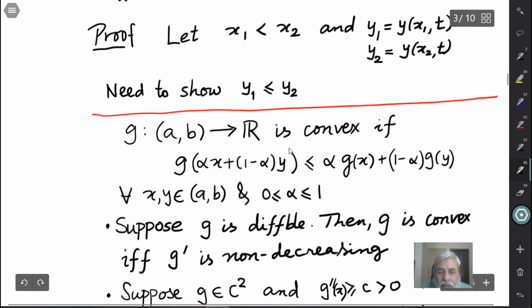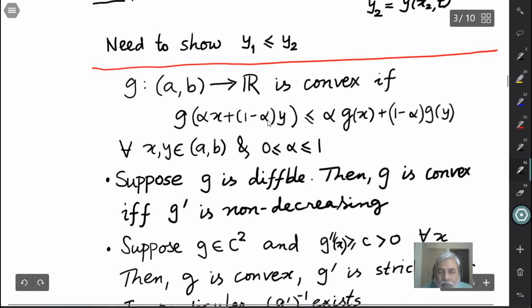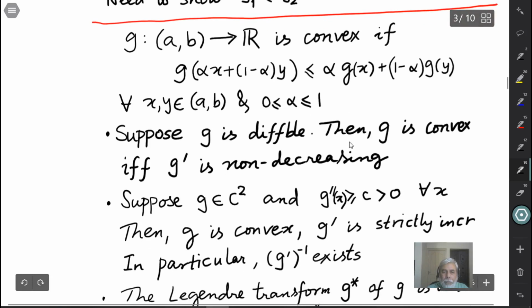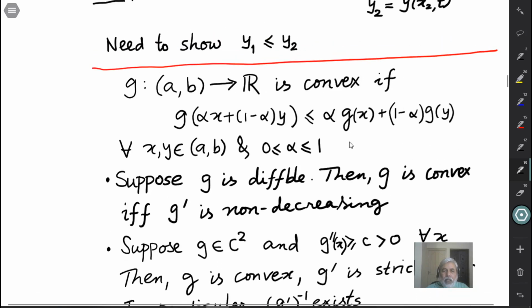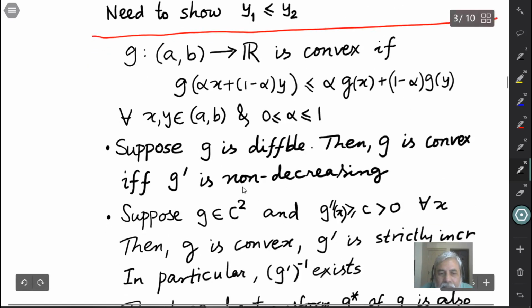It's called convex if this inequality holds true: g(αx + (1-α)y) ≤ αg(x) + (1-α)g(y) for all x, y in this interval (a,b), and 0 < α < 1. Suppose this g is a differentiable function, so we can simplify the convexity condition a little bit.